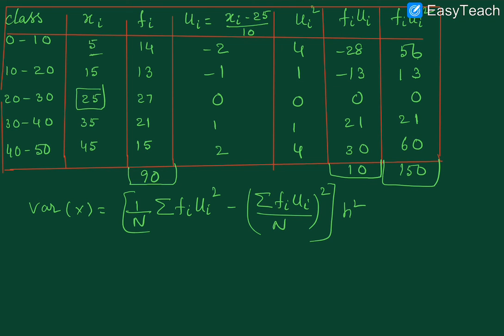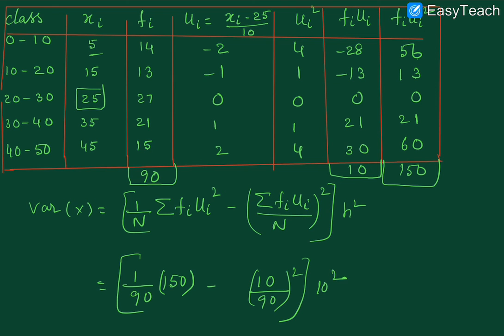So all these values substitute here. So we'll get 1 by 90 into sigma fi ui square, we got 150, minus sigma fi ui is equal to 10 divided by 90, whole square, multiplied with the length of the class. Length of the class is equal to 10 square.